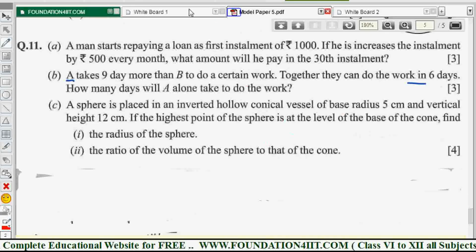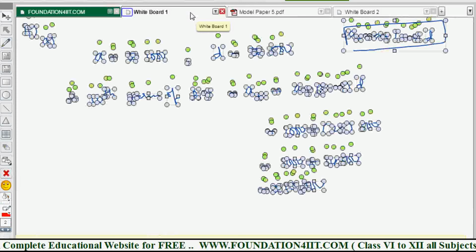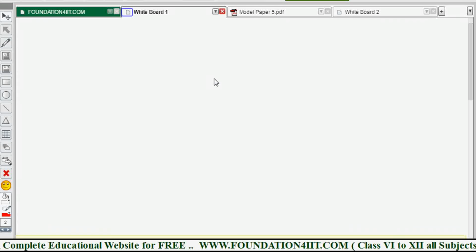So let me draw the diagram. It's for your clear understanding. You take the cone and the sphere is inside. Let me take a vertical cone, conical shape.